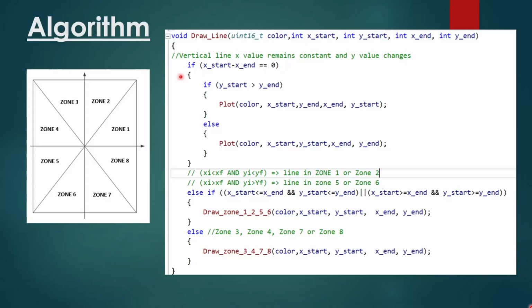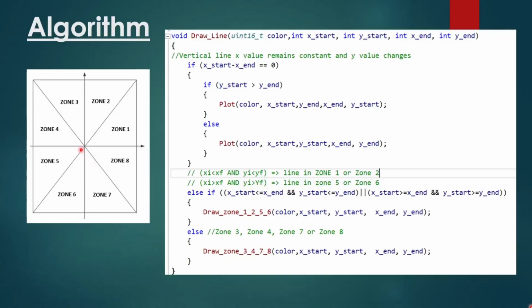Now, before we do anything with the start coordinates and the end coordinates, we need to make sure that the start coordinates are less than the end coordinates. Otherwise, we have to swap them around.